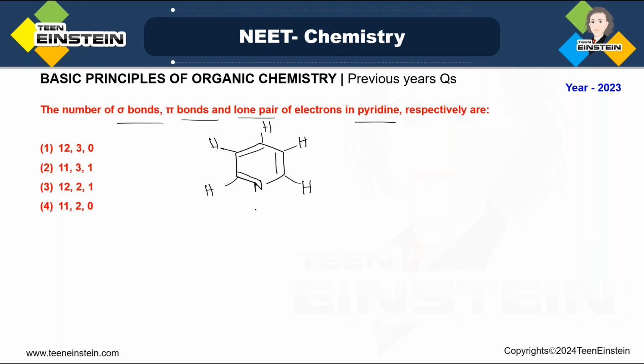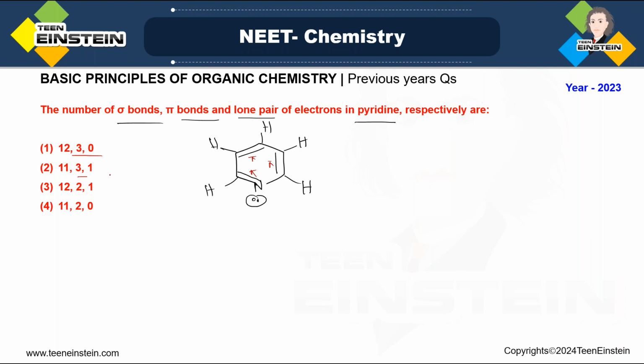And there will be a lone pair only over nitrogen, because in case of carbon, when it is substituted like this, there is no question of a lone pair, and also hydrogen has no lone pair. Now if we consider the pi bonds, it is only 3. This is pi, this is pi, this is pi.